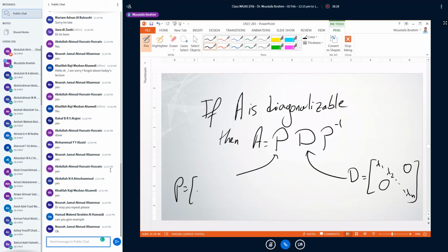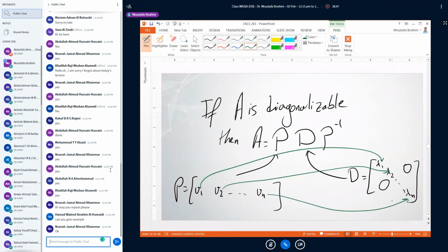V1 is the eigenvector associated with lambda 1, V2 the eigenvector associated with lambda 2, Vn the eigenvector associated with lambda n. We put them in order. So P is simply the matrix of all eigenvectors. If A is diagonalizable, these vectors form a basis, meaning the determinant of this matrix is different from 0, so it's invertible. You see, it's all related.